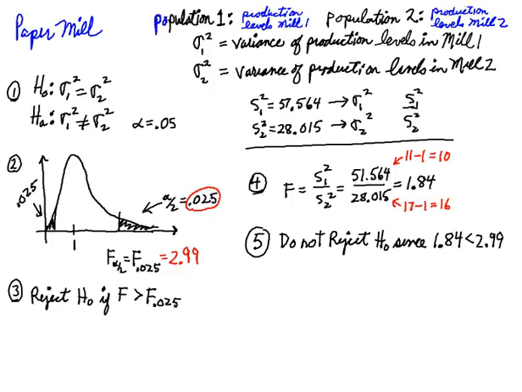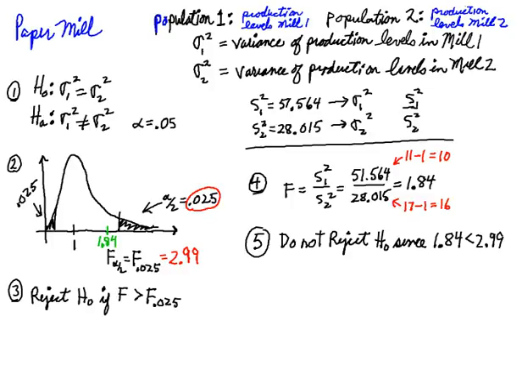So my quotient of sample variances is too close to the 1. The ratio is too close to the 1. It's not far enough away. My 1.84 is below the 2.99, and I'm not going to reject.